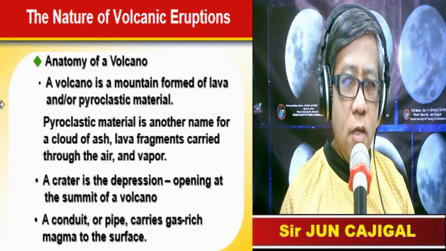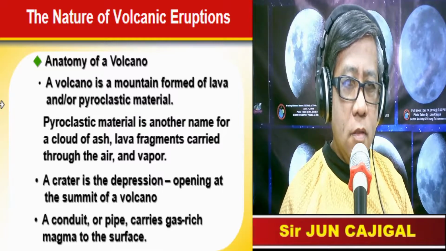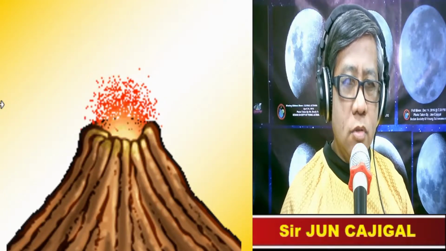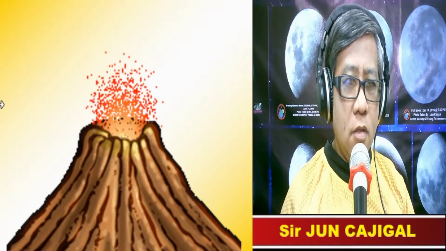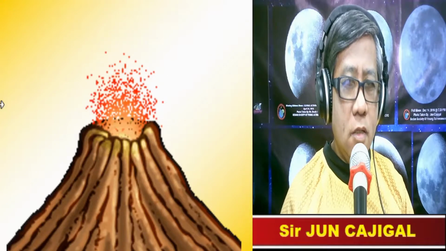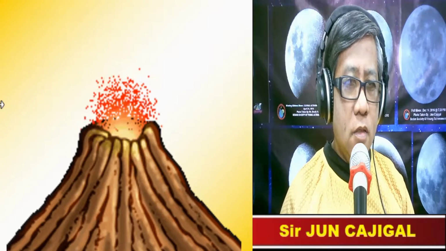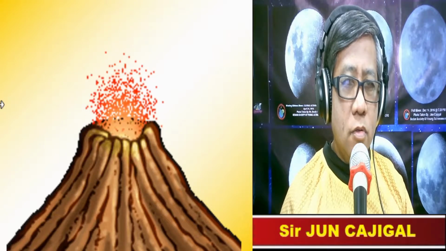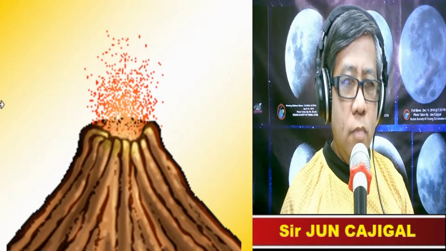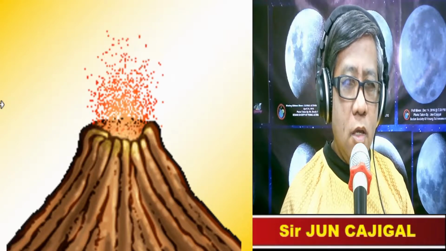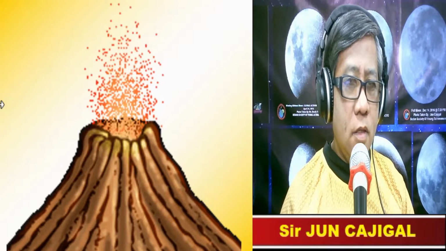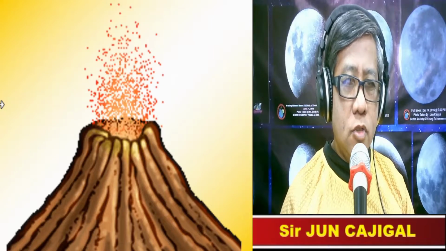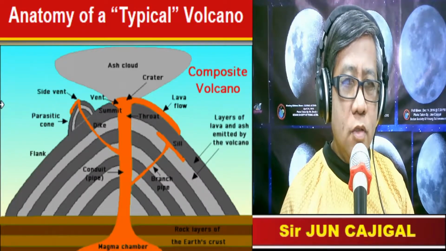Now, everybody, I want you to take a look at this animated illustration of a typical volcano. A volcano again is a specialized mountain. Then at the summit of that mountain is an opening called crater, and that opening is connected to a tube-like structure called a conduit or pipe that carries gas-rich magma to the surface.